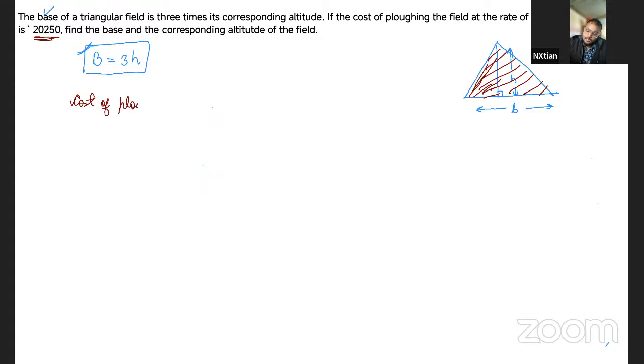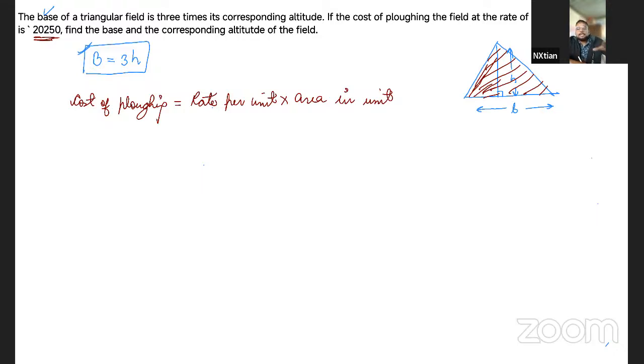So basically you should know this formula that cost of plowing is equal to rate per unit into area in unit. So what is the total cost?